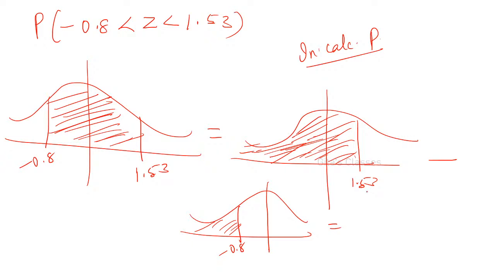P of 1.53 is 0.93699, minus again P of minus 0.8, which is 0.21186. 0.93699 minus this one gives 0.72513.